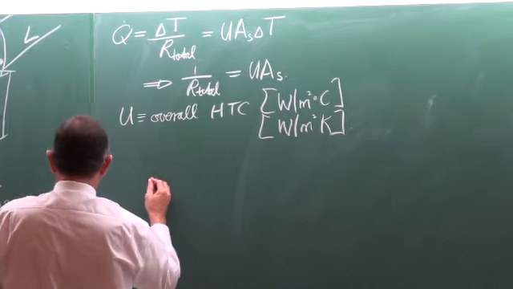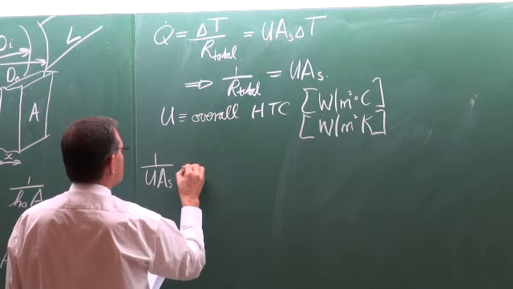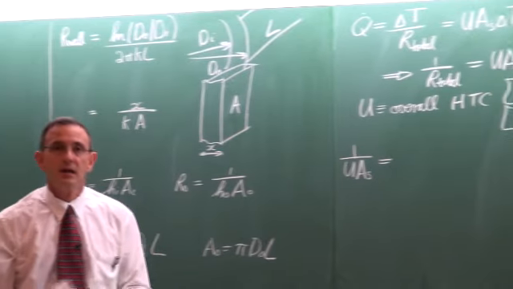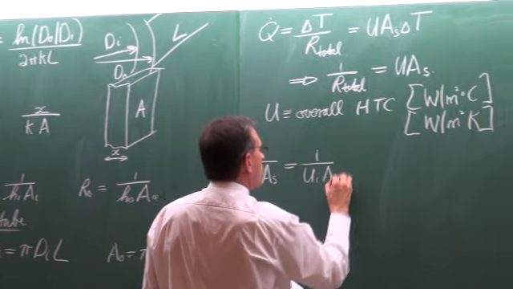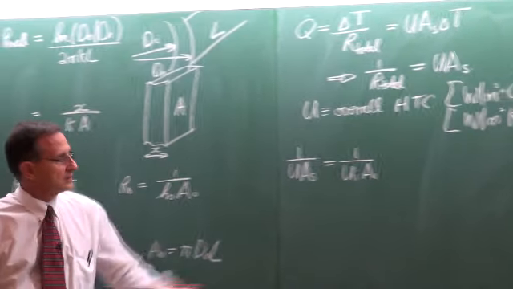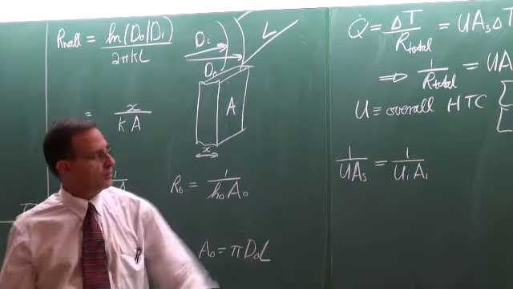So if we look at this equation, we can say 1 divided by U multiplied by the surface area is equal to 1, and I'm going to make this clear to you a little bit more specifically with examples.